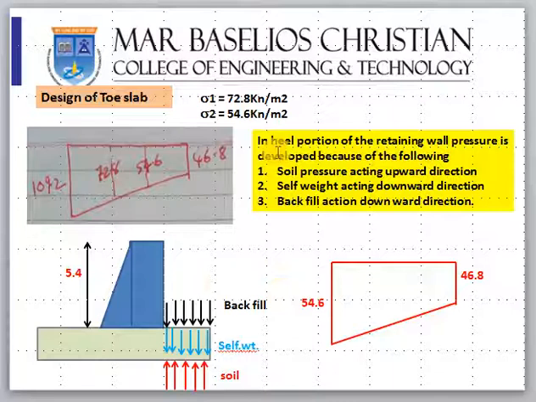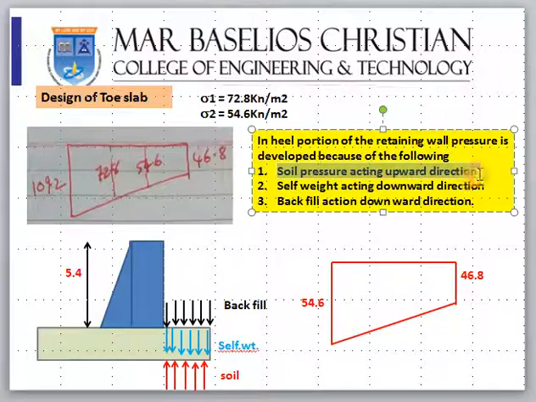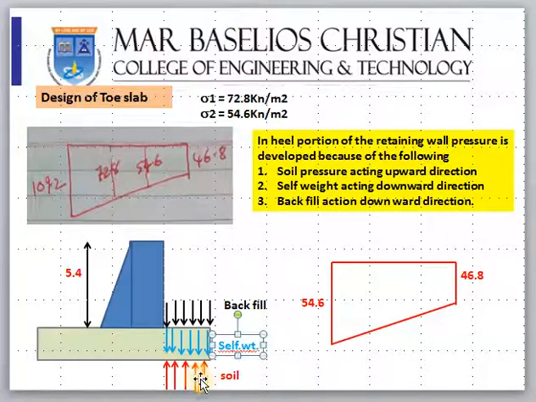Now in the heel portion, pressure will develop because of three reasons. One is the soil pressure acting in the upward direction. The other is the self weight of the heel slab, which will act downward, so a pressure develops downward.